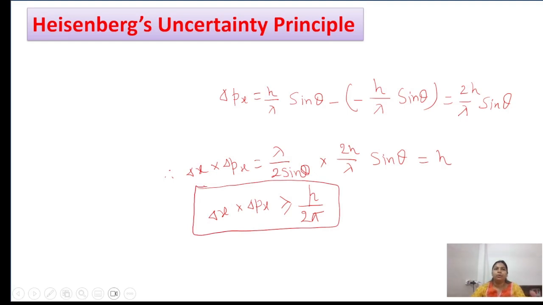A more sophisticated approach will show that delta x and delta p are equal to h by 2 pi. So it is clear that the process of measurement itself perturbs the particle whose properties are being measured.